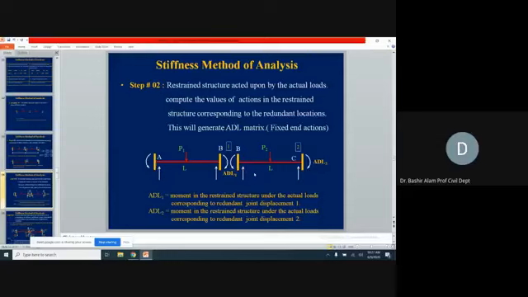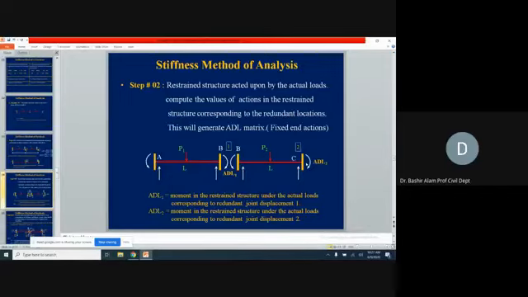Now, because of P1 and P2 and having the span also, you will have the member end actions. But we are interested now in the ADL matrix, and the ADL matrix will come from these member end actions corresponding to D1 and D2.